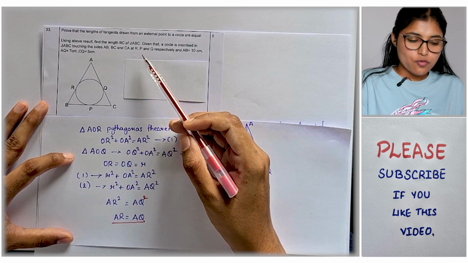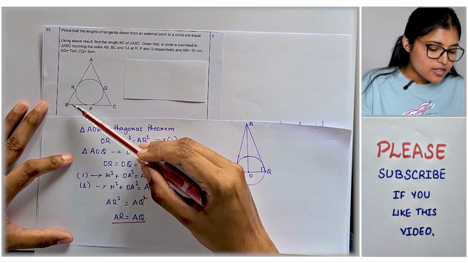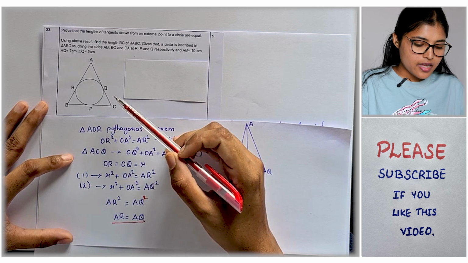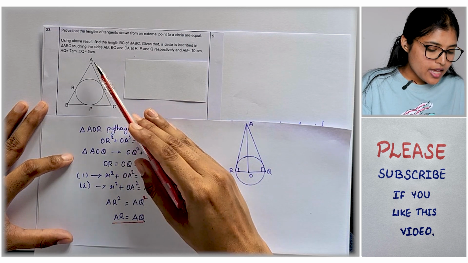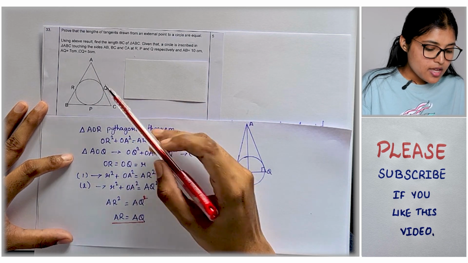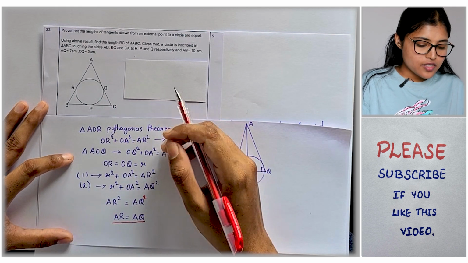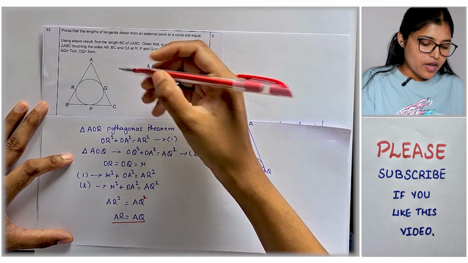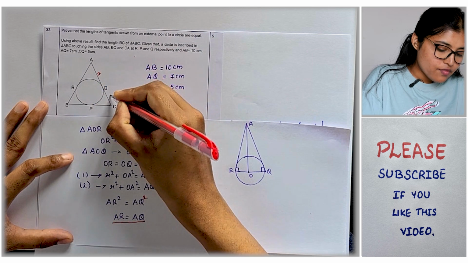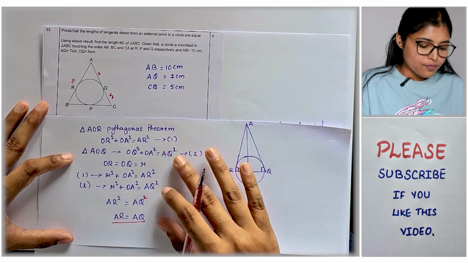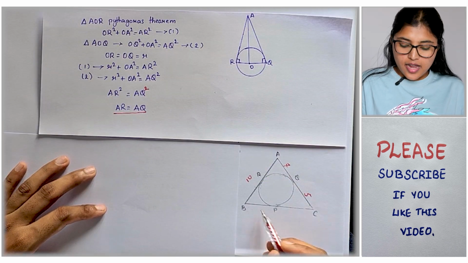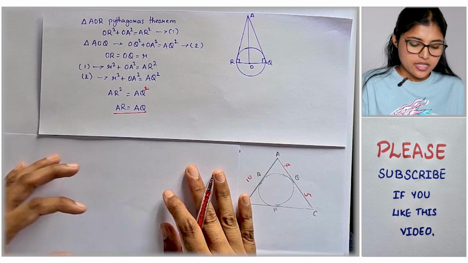In the second part of question 33, we are given a circle that is inscribed in the triangle ABC such that AB is 10 centimeters, AQ is 7 centimeters and CQ is 5 centimeters. So these are the given values. So this is 7, this is 5 and this is 10. I have drawn the same triangle here and we are expected to find the side BC.